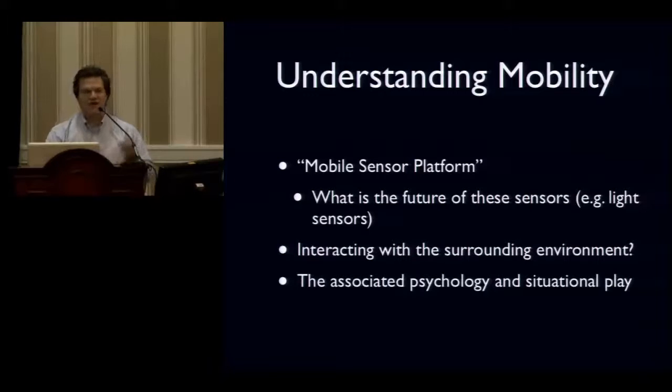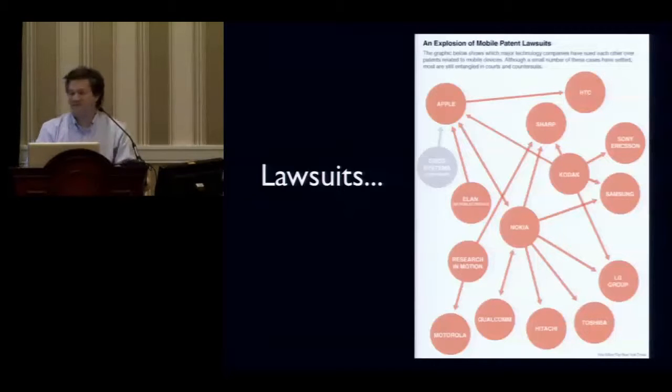So how do you do that, and how can you build some really interesting associated psychology and situational play as you start to get at that? Of course, this is also a platform that's filled with lawsuits. And so how these systems create ubiquity is under challenge at times.